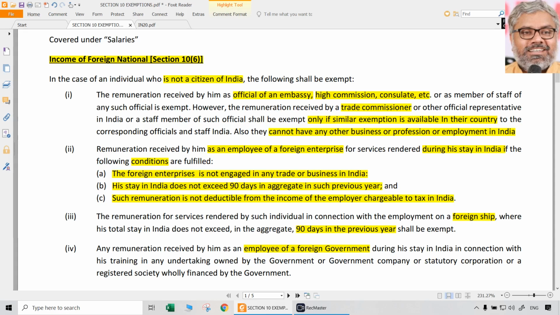Subject to what condition? Here, he is an employee of a foreign government, but why is he staying in India? In connection with his training in any undertaking owned by the government or a government company or a statutory corporation or a registered society wholly financed by the government. In other words, foreign government employees coming to India for training.